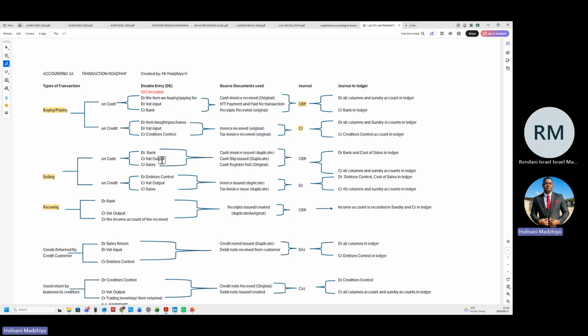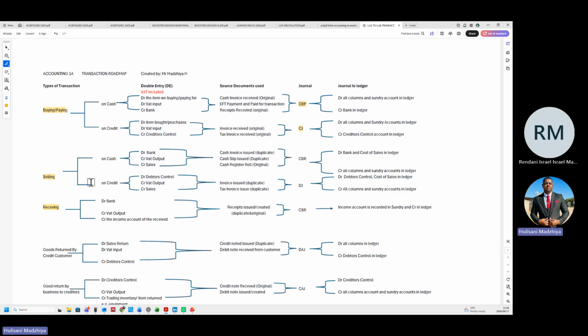In the cash book receipts you have a VAT output column. Your sales every time you record it will be excluding VAT. But in the bank column, you will always record the amount including VAT, the total that we receive in cash.